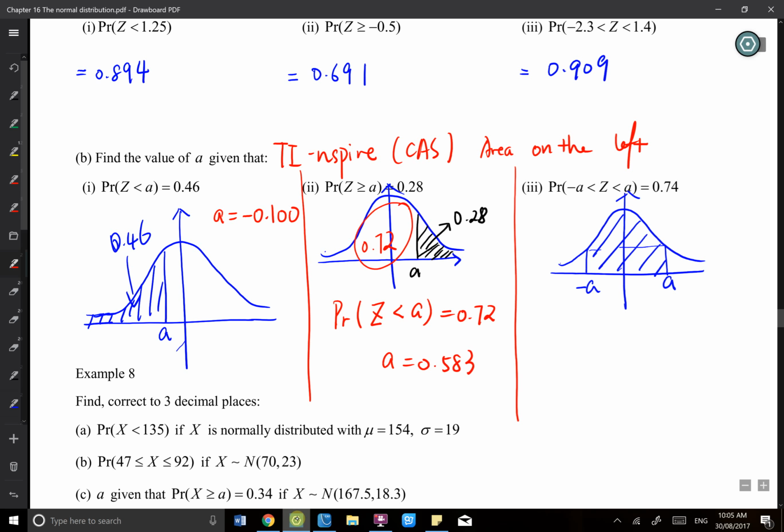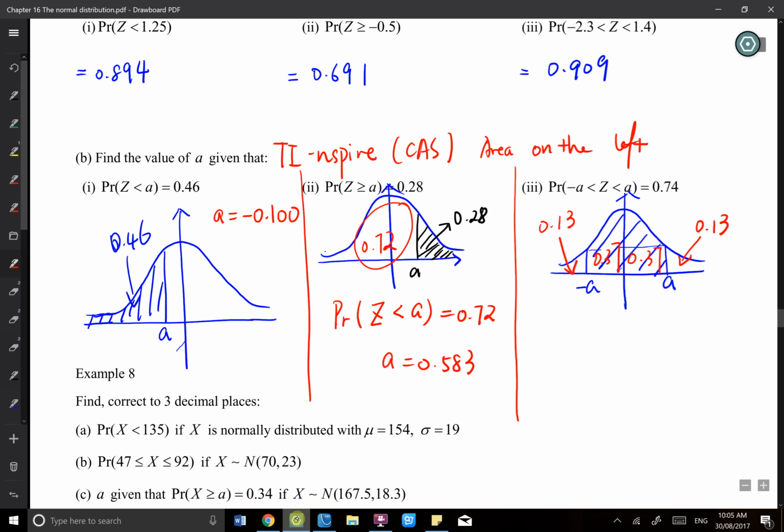Let's divide that by 2. That's 0.37, and then this area is 0.13. So this area is 0.13 as well.